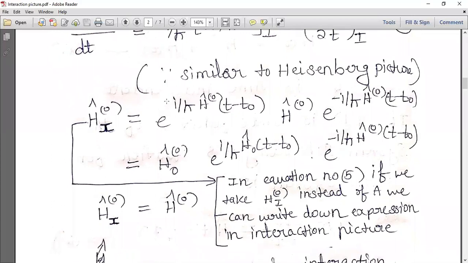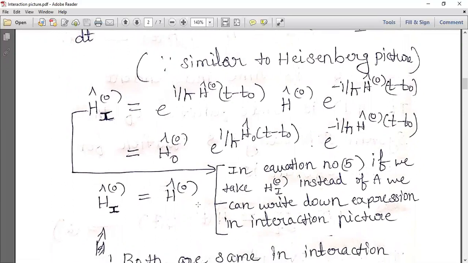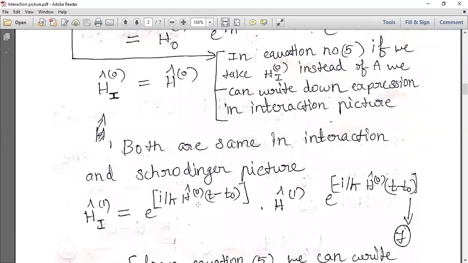Both the minus term and the plus term cancel. That is, H I naught in the interaction picture equals H cap naught in the Schrodinger picture. Both are equal; in the interaction picture and in the Schrodinger picture, these terms are equal.